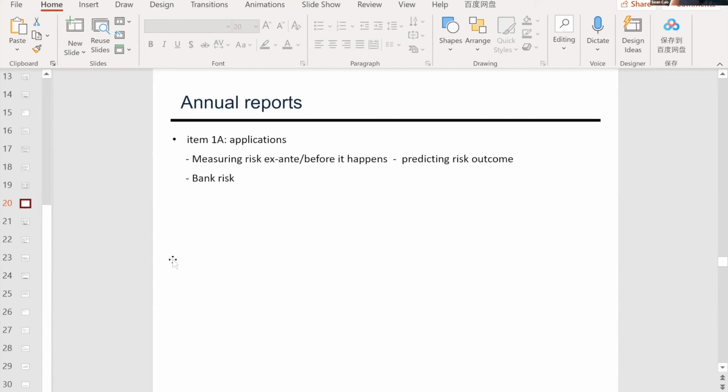My point is, once you have the manager's discussion about future risk, you can do text analysis to use this discussion to predict what will happen in the future. It may happen, it may not happen, but using a large sample, you can get the likelihood of what will happen. That's what you can use.